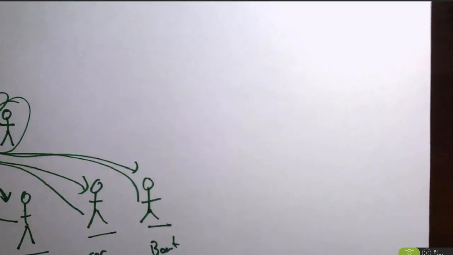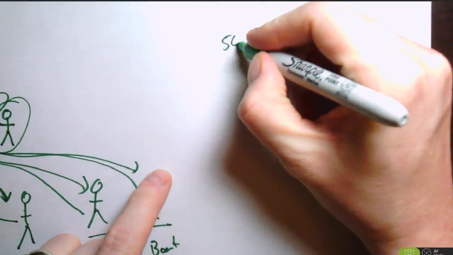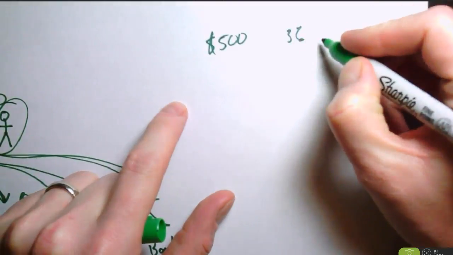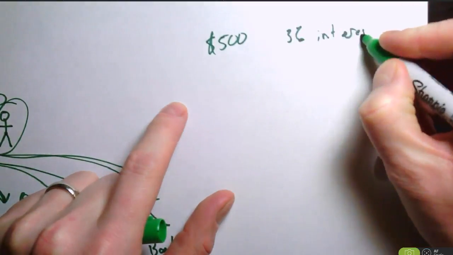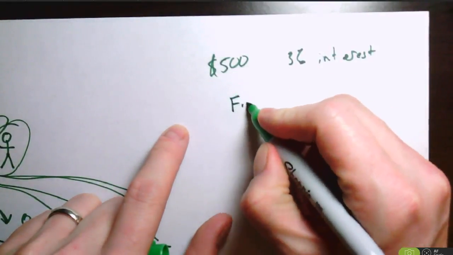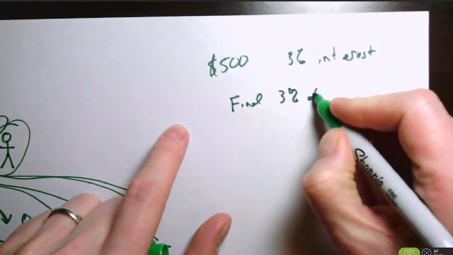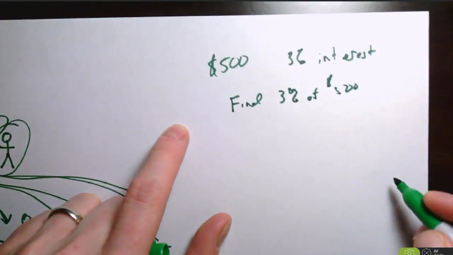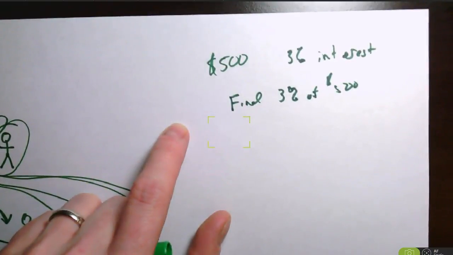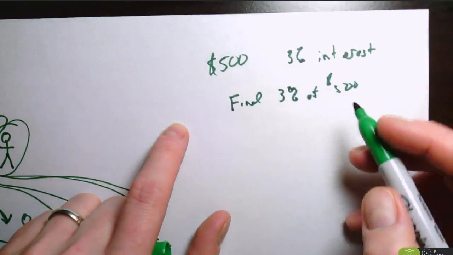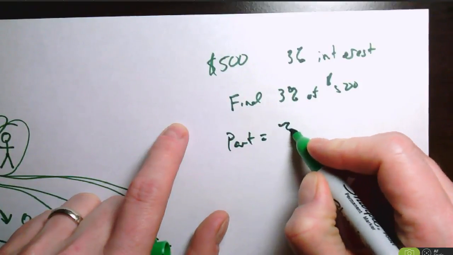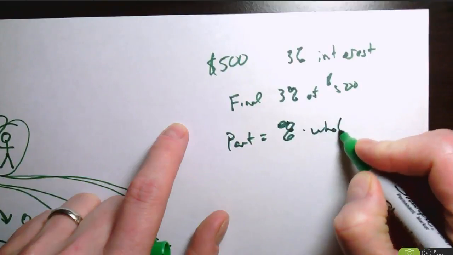Let's say you have $500 and you're getting 3% interest on it. All you're really doing is finding 3% of $500. That's all they're saying to do. Well, if you go to the percent equation, part equals percent times whole.